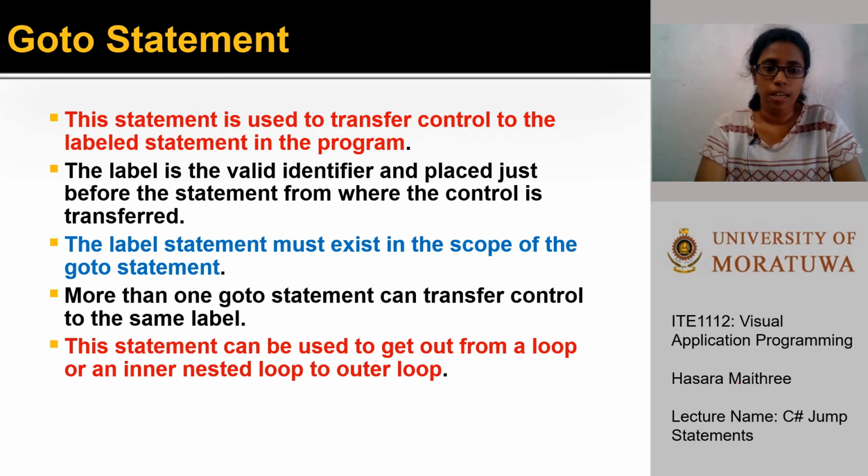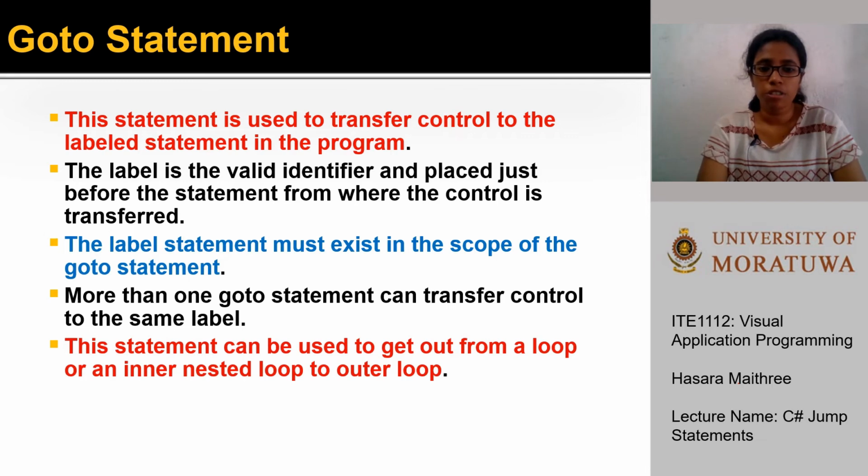The label should exist in the scope of the goto statement. Otherwise the goto statement would not know where the label is, so it will throw an error saying that it is not identified. Also, more than one goto statement can transfer control to the same label. So we can have many goto statements pointing to the same label.